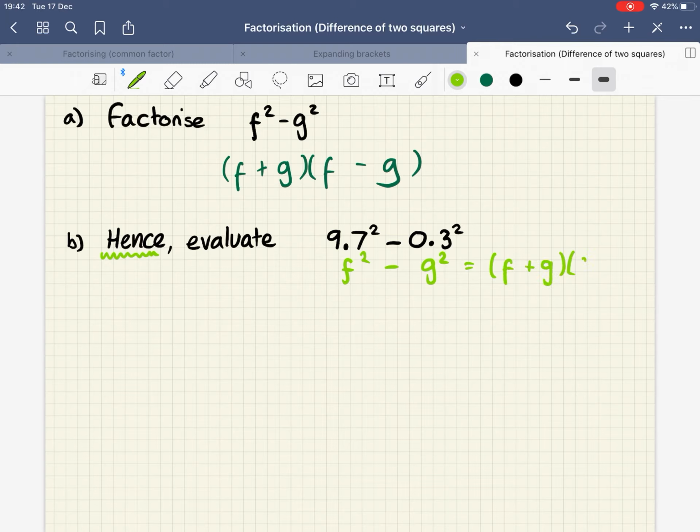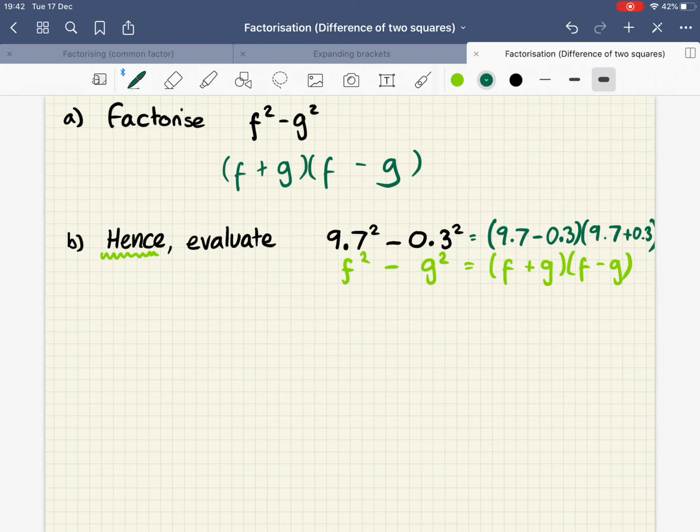And so I can use what I've just worked out to help me begin simplifying this. So that will just become 9.7 minus 0.3, then 9.7 plus 0.3.